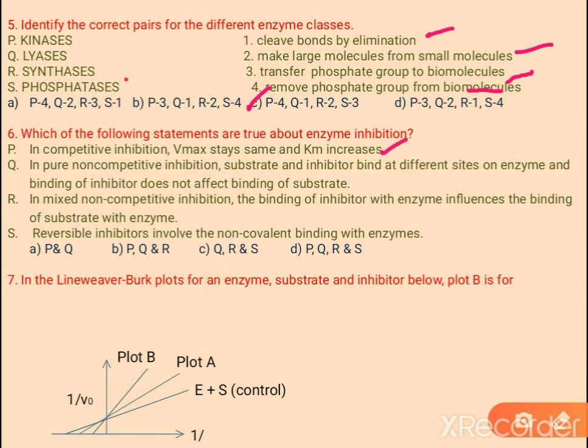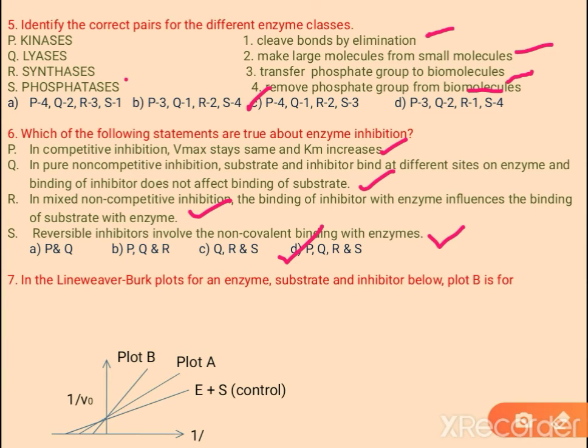Okay, it is also true. In mixed non-competitive inhibition, the binding of inhibitor with enzyme influences the binding of substrate with enzyme. This is also correct. The reversible inhibitors involve the non-covalent binding with enzyme. This is also correct. So the correct option is D.